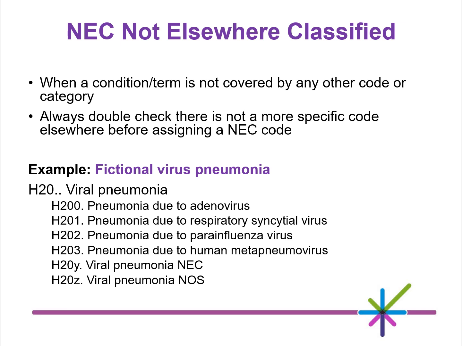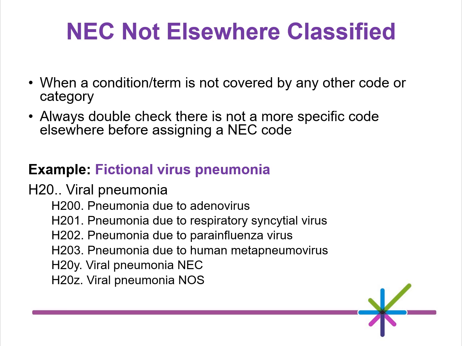Let's look at the example of viral pneumonia shown on screen. A clinical diagnosis of fictional virus pneumonia has been provided. It is not one of the viruses shown in H200 to H203, but a specific virus has been identified as a causative agent by the clinician.